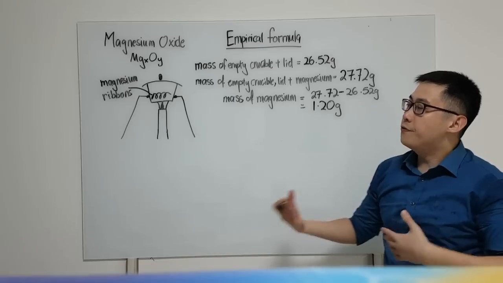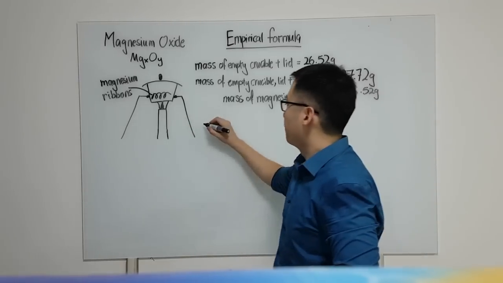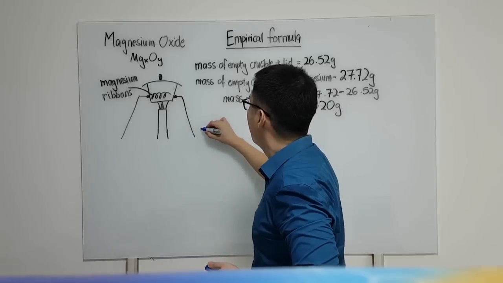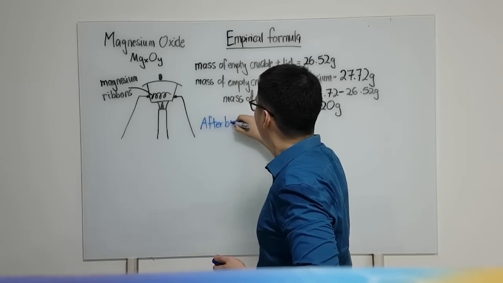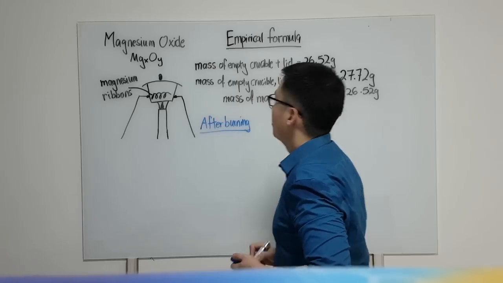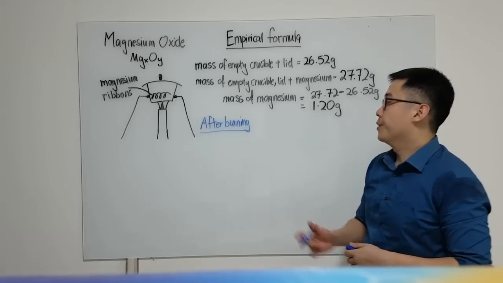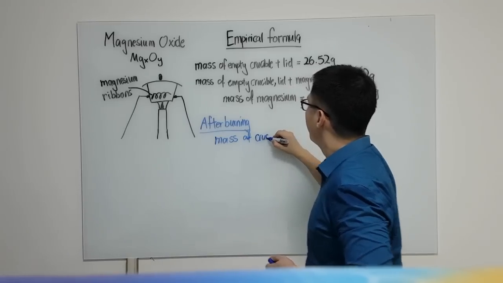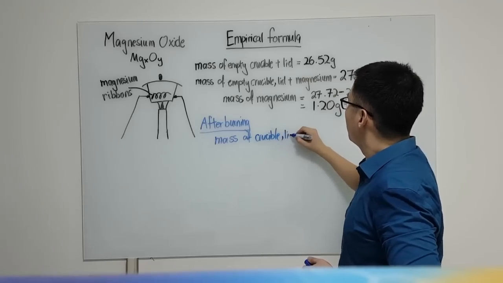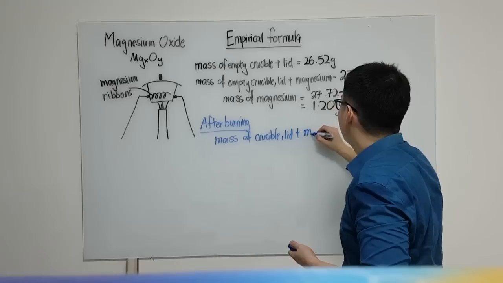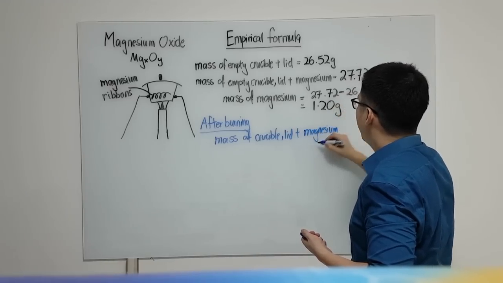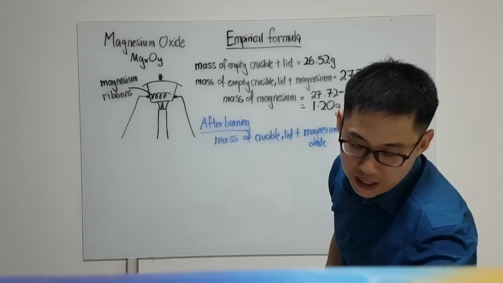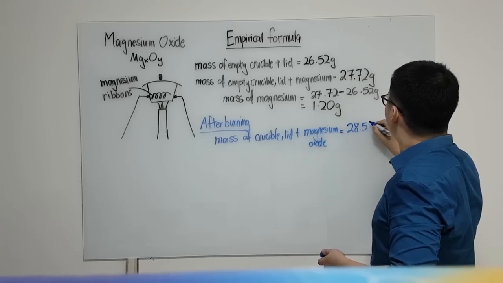Now, subsequently, after burning, we go on then to weigh it all again, and we find that the mass of our crucible lid plus the resultant magnesium oxide that is formed now has a combined weight of 28.52 grams.